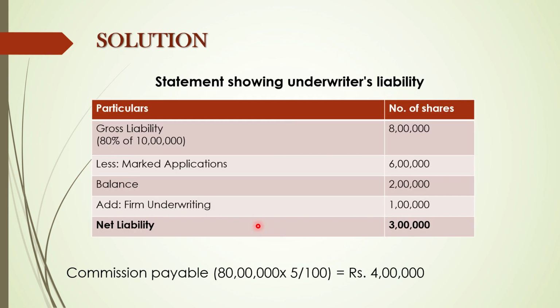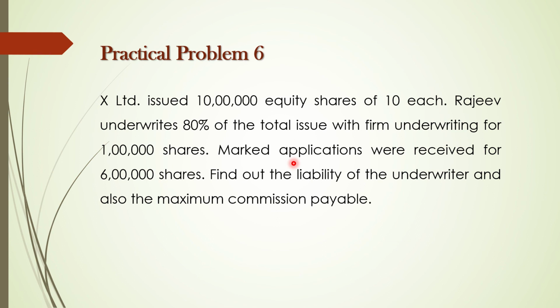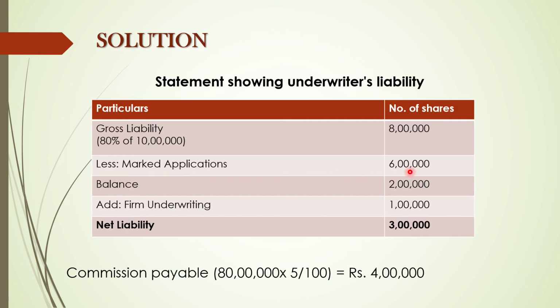What is the gross liability? Gross liability will be 80% of the issued shares. So 80% of 10 lakh is 8 lakh. Marked applications were received for 6 lakh shares, which is already given. Less marked applications, we get the balance of 2 lakh.